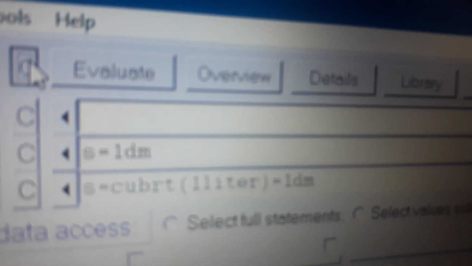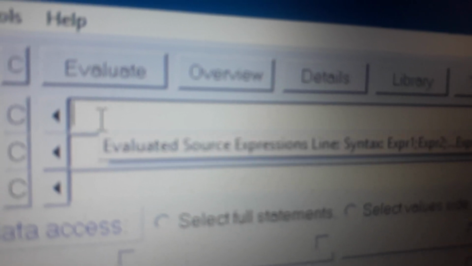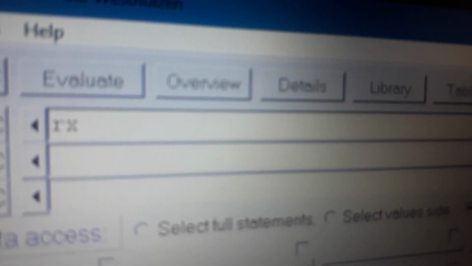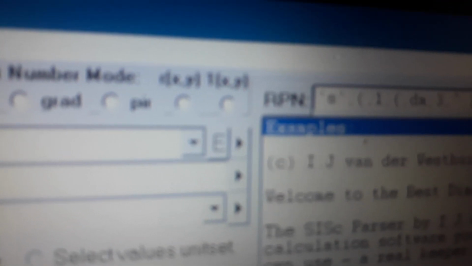Let's clear everything. So if I want, say, RXA mode, I just type in RXY mode. Now we are in degrees mode or DEG mode. So if I hit evaluate, it will switch to that first polar mode, or RXA mode, and there you got it.